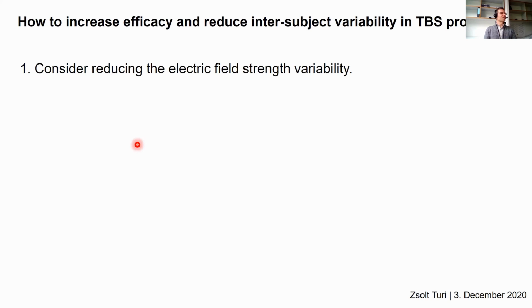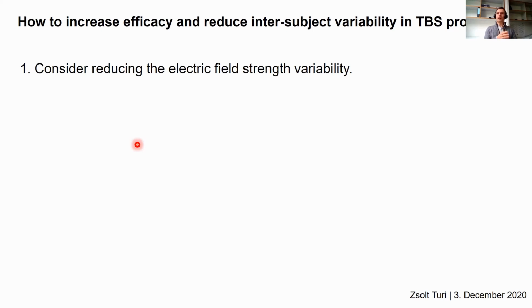So my first suggestion is to consider reducing the electric field strength variability. I claim here that if you use this motor threshold intensity selection approach, it gives the illusion that you standardize the electric field or the stimulation intensity across the participants, because everyone received the same 80% resting motor threshold.